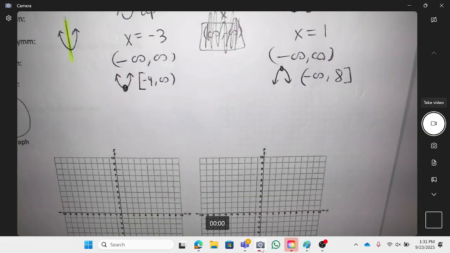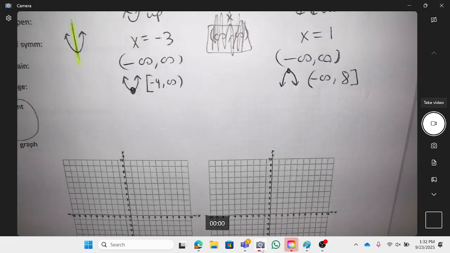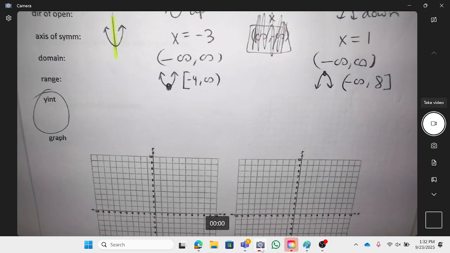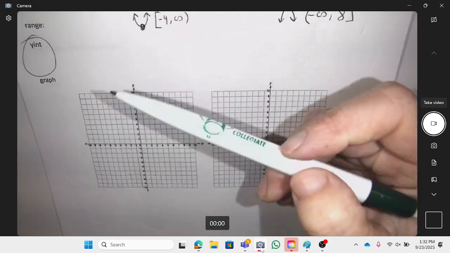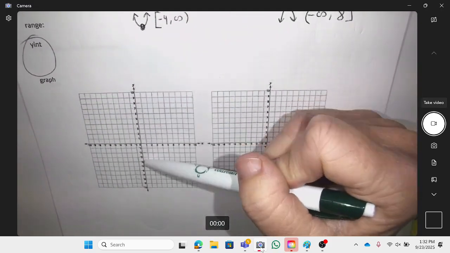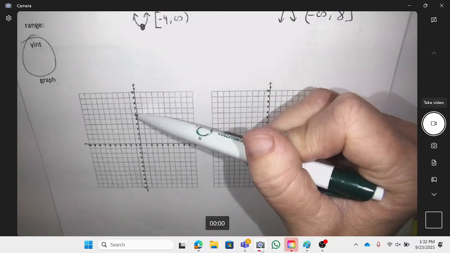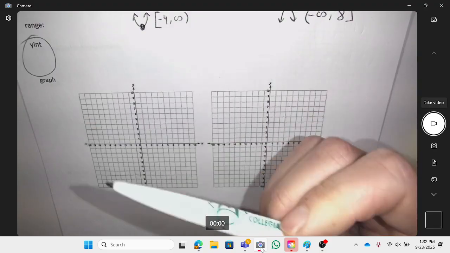Okay. Our next is, hey, what's a y-intercept? So we just have a general definition. When you're a y-intercept, you're on the y-axis somewhere. You have to be on this. And what's the criteria to be on this?